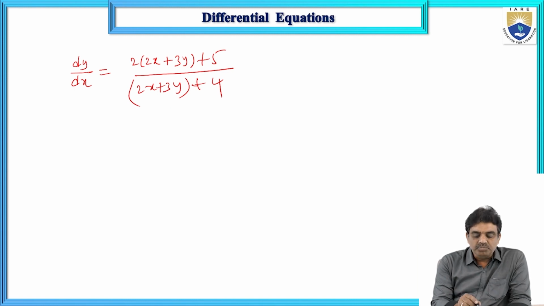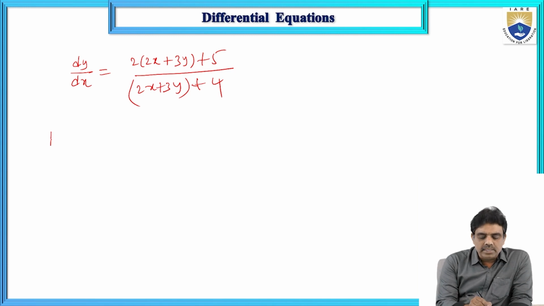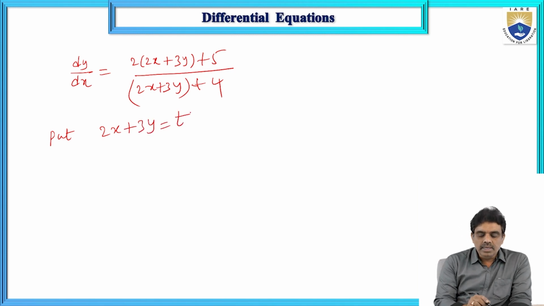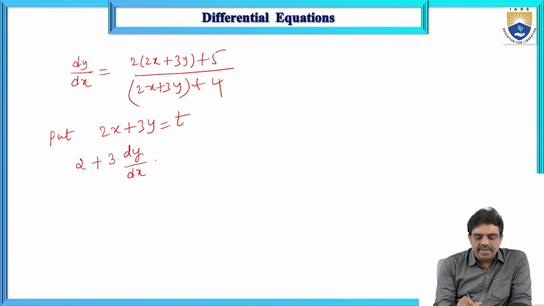So now to solve this problem, we take the substitution, put 2x plus 3y is equal to some other variable t. Then on differentiating this with respect to x, we get 2 plus 3 into dy by dx is equal to dt by dx.